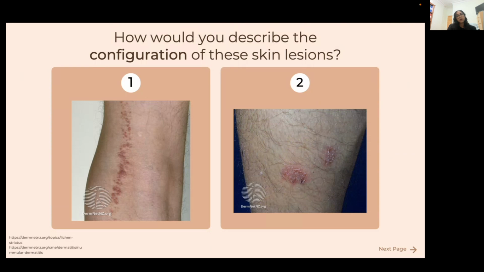So here's two pictures of examples of some skin lesions. How would you describe the configuration of each of these two lesions? What words would you use?